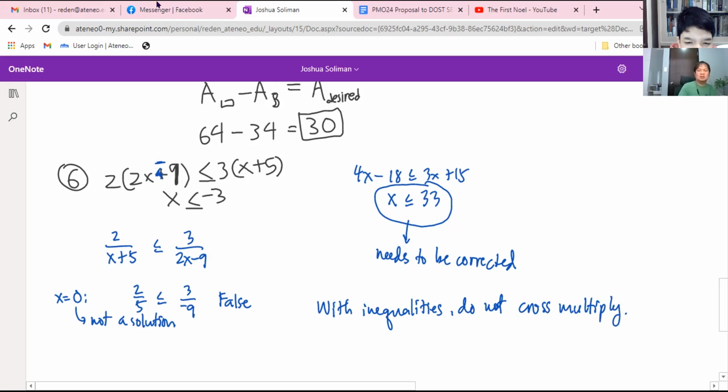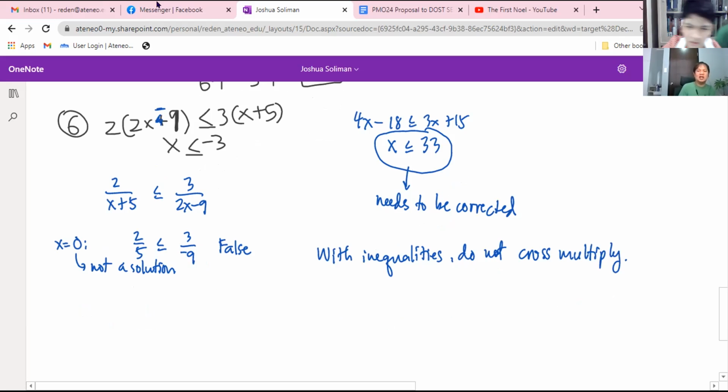All right, but let's start with a correct statement. Let's start with the following. 2 over negative 3 is less than 1 over 6.